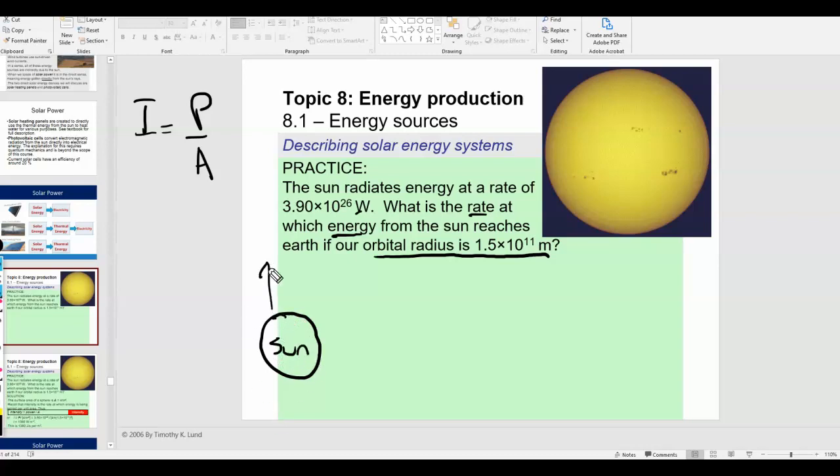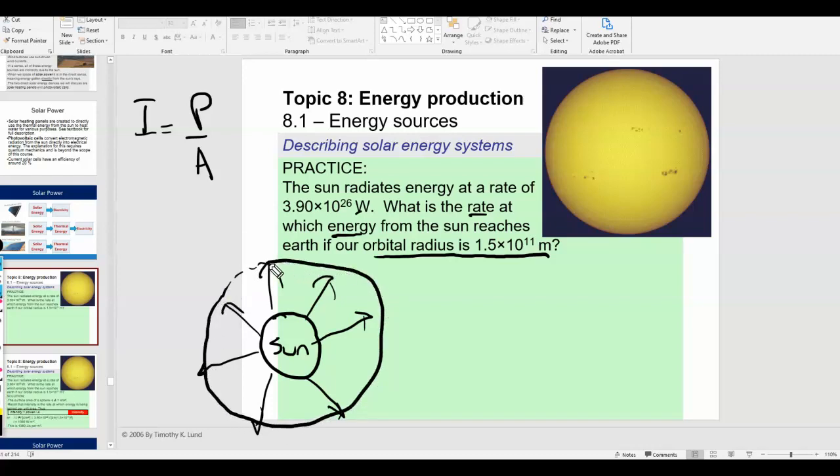And so the principle, which we've talked about before, is that the sun puts off energy in all different directions. All of the energy that the sun emits has to travel spherically away from it. Okay, so if you imagine a giant sphere centered on the sun, like a giant bubble, all of the energy that the sun puts out has to travel through the surface area of the bubble.